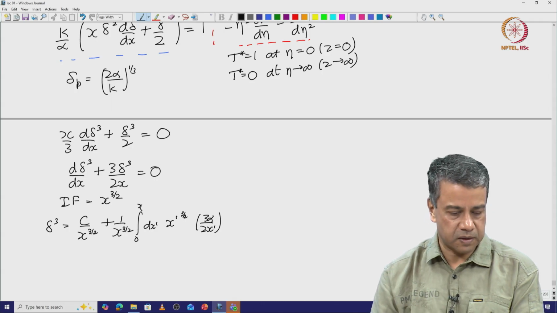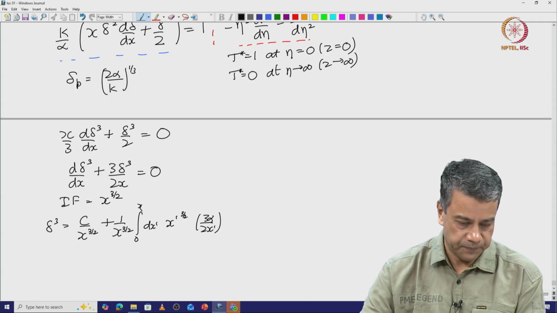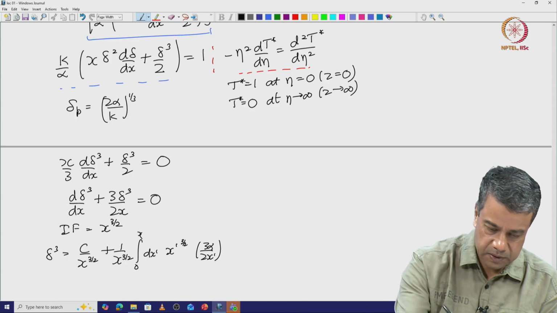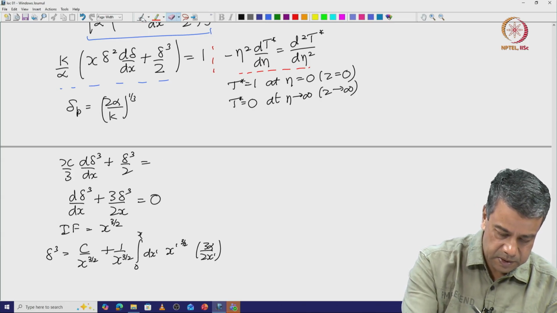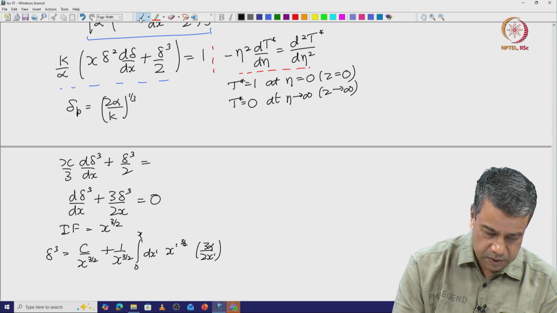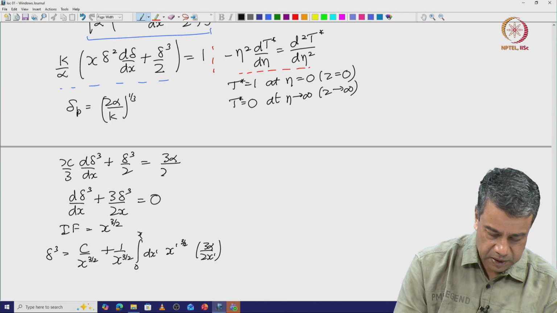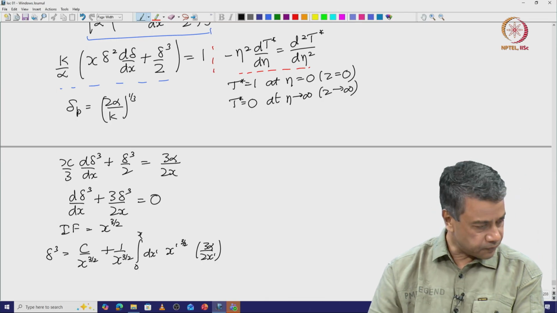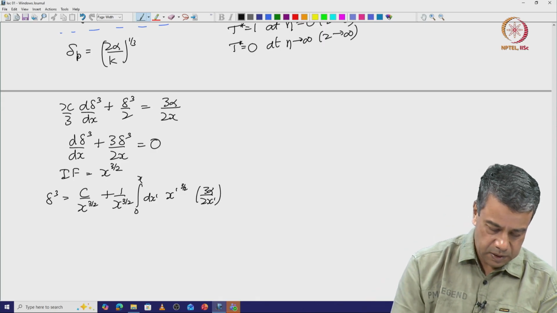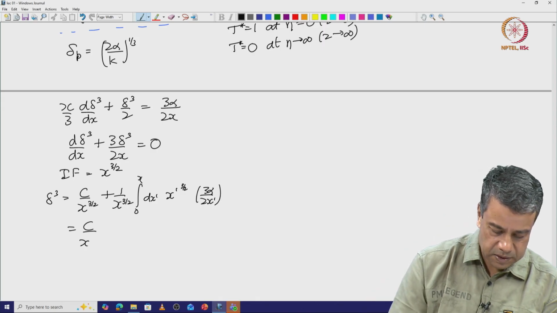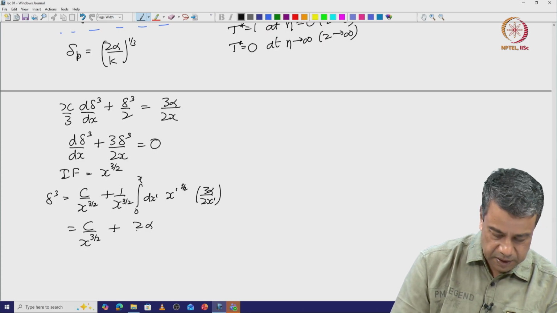If I substitute that into the equation, the inhomogeneous term on the right side becomes 3 alpha by 2x. And the final solution is x c by 3 plus 2 alpha by k.